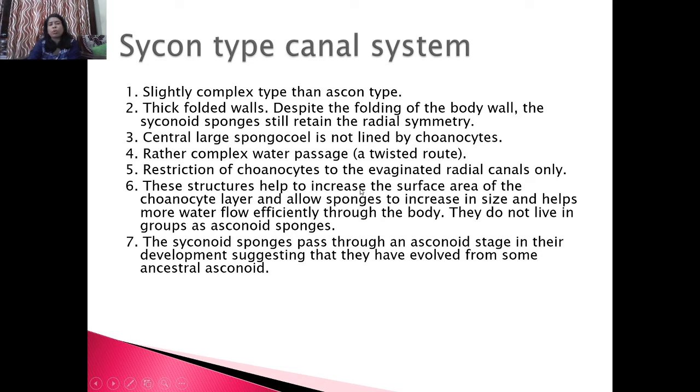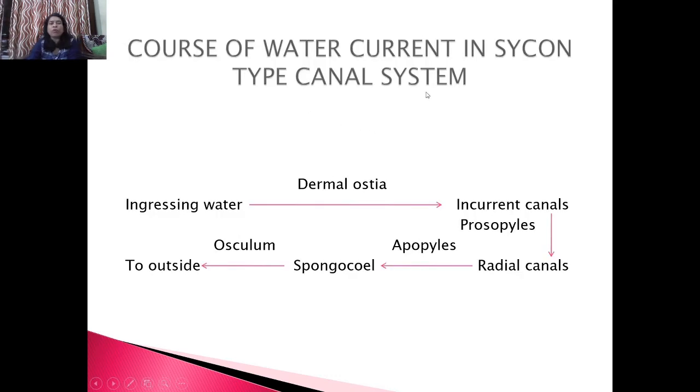These structures help to increase the surface area of the choanocyte layer and allow sponges to increase in size and help more water flow efficiently through the body. The syconoid sponges pass through an asconoid stage in their developmental stage, suggesting that they have evolved from some ancestral asconoids. This is the course of water current in the Sycon type of canal system.